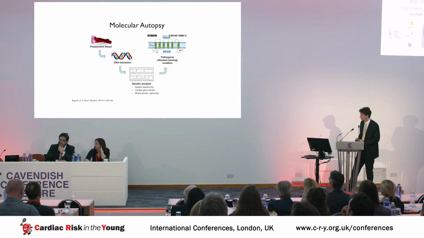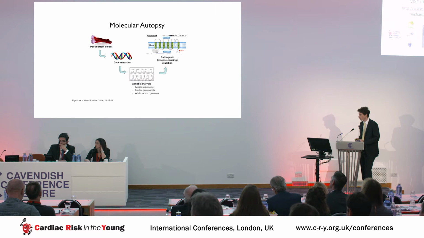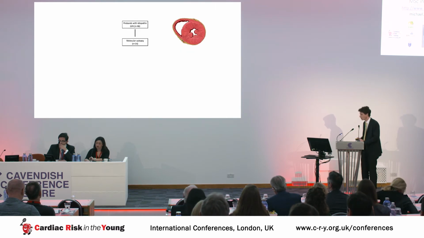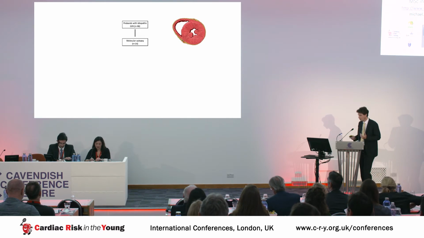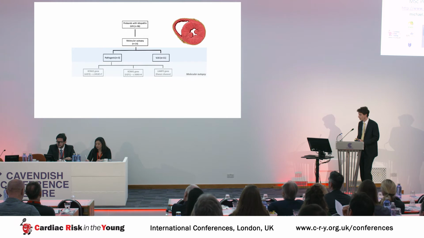We tried to find also some more information from molecular autopsy, which is increasingly used in the setting of sudden cardiac death. And we had data on 14 individuals who died suddenly with a postmortem finding of idiopathic LVH. And what we found was VUS, so variants of uncertain significance, in 11 cases, and pathogenic mutation in 3 cases.